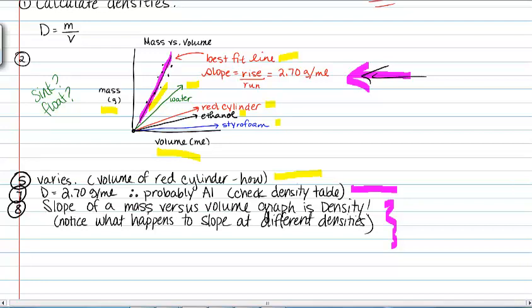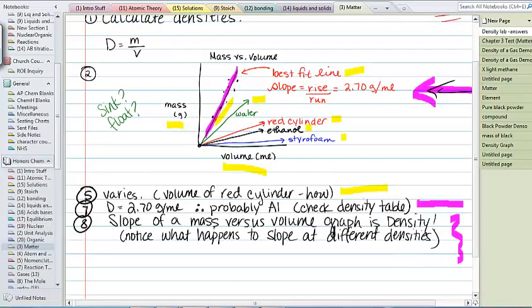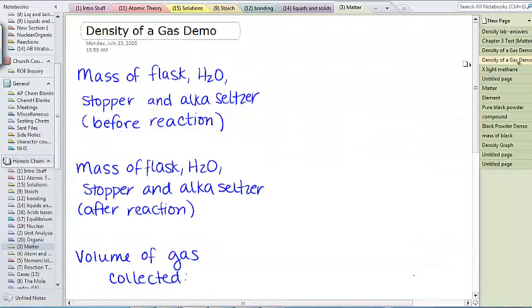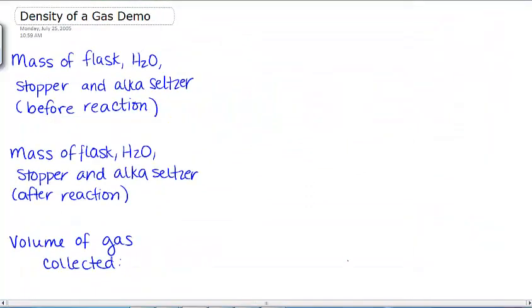Okay, so this is a little bit about density. Now, what I want to switch to here for a moment, and I'm going to have you go ahead and throw this into your notes. In this lab, you measured the density of solids, the two cylinders. You measured the density of a liquid, the ethanol. You didn't measure water.